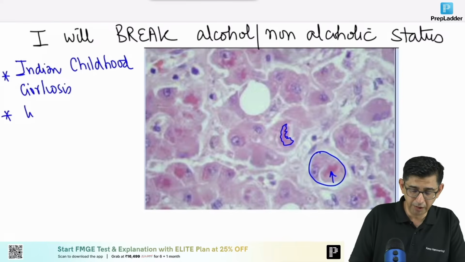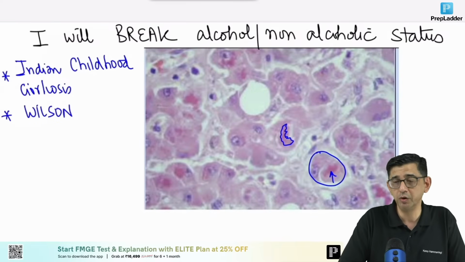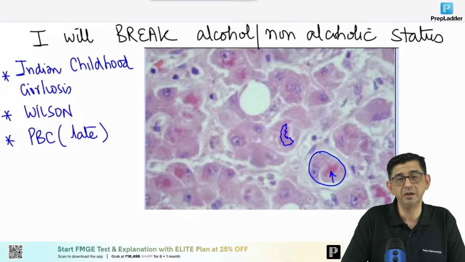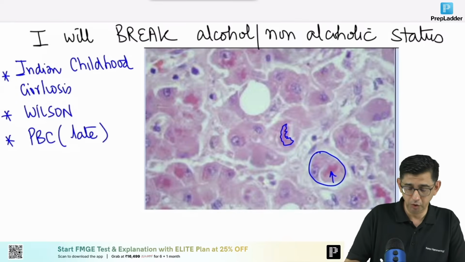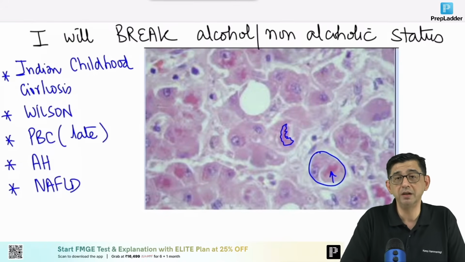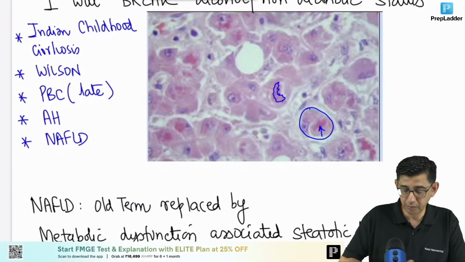In the "I will break alcohol status" mnemonic, W stands for Wilson disease, where you can get it. Then in primary biliary cholangitis, in the late stages of PBC, you would also get it. You also get it in patients with alcoholic hepatitis, and in patients with non-alcoholic fatty liver disease. The term non-alcoholic fatty liver disease is not used anymore.